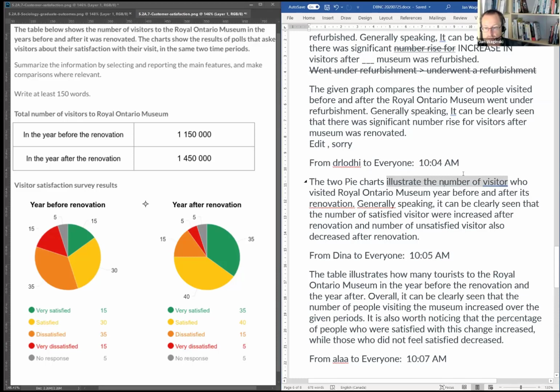The pie charts illustrate the percentage of visitors who were... no, it has to be more general. Okay, hang on, let's see. We can clearly see that the number of... It is the number of the visitors, I think.